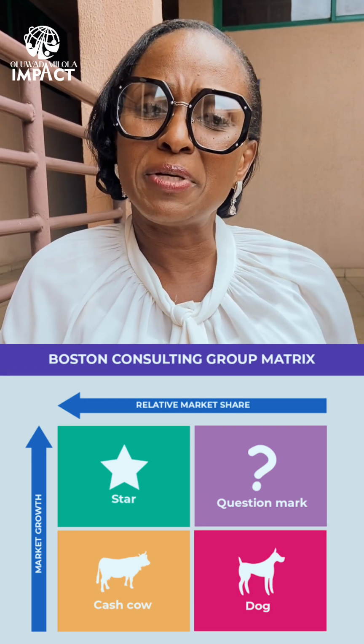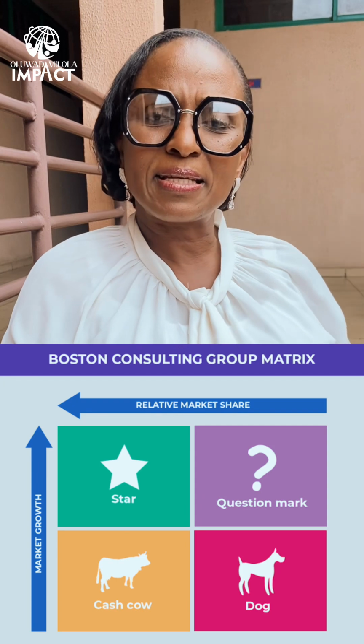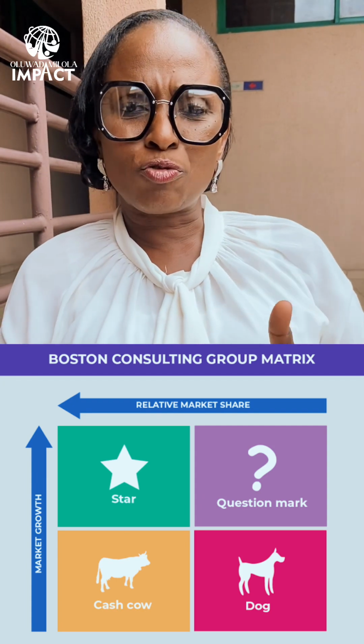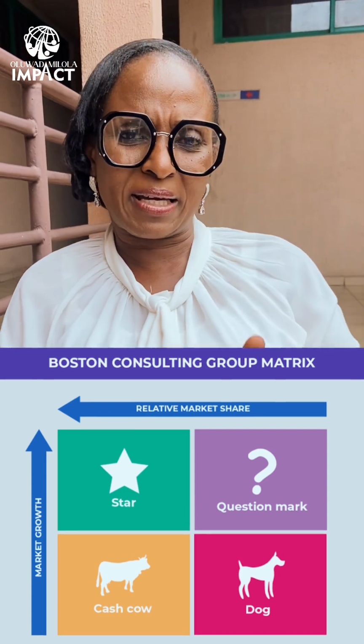And this BCG matrix actually explains the market growth of any product and the market share of any product. You know, a particular product might actually be doing fantastically well and not actually be bringing so much cash into the organization. You want to ask me why?